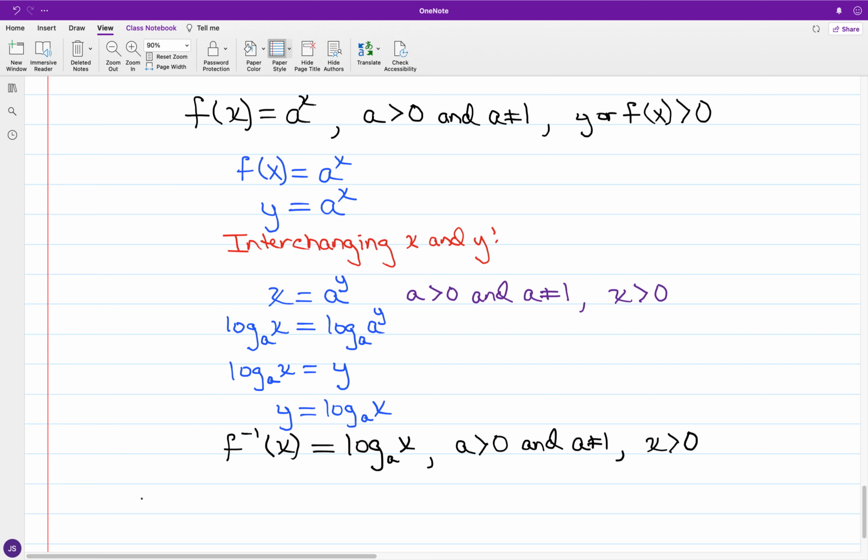Okay, and so in terms of definition, a commonly posed question is, what is a logarithm?